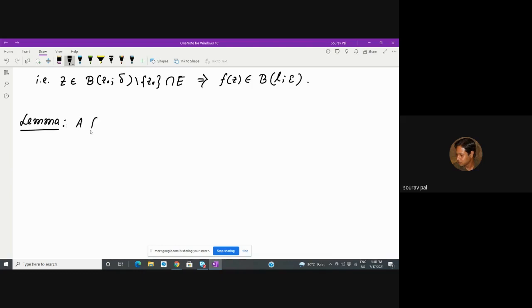A function f defined from E has limit L as z goes to z naught if and only if we have the sequential criteria.